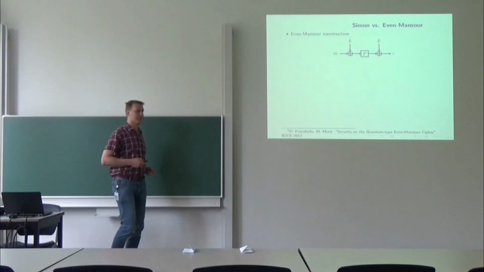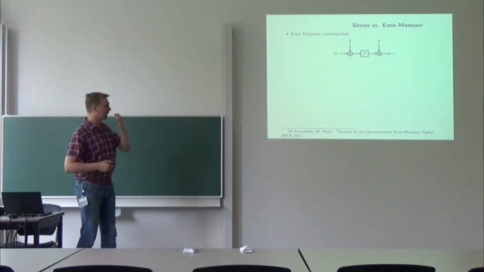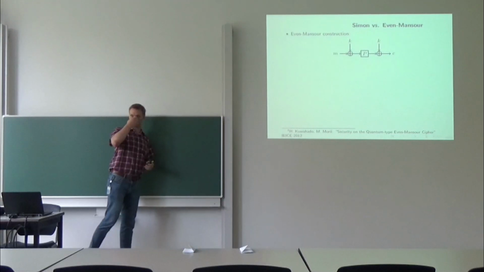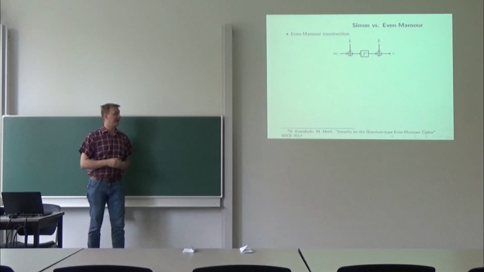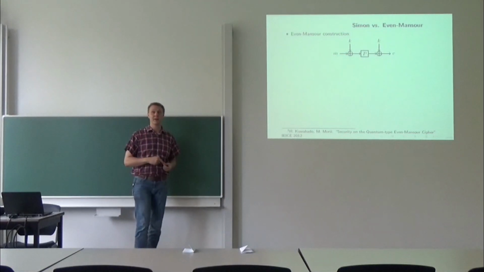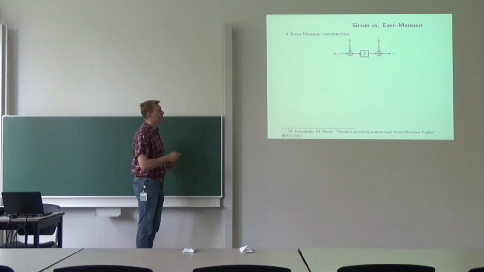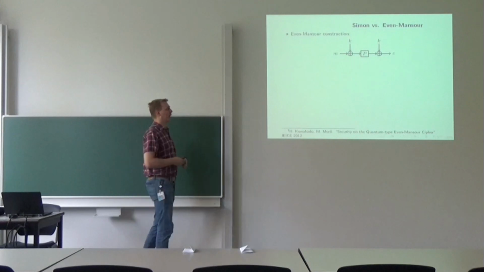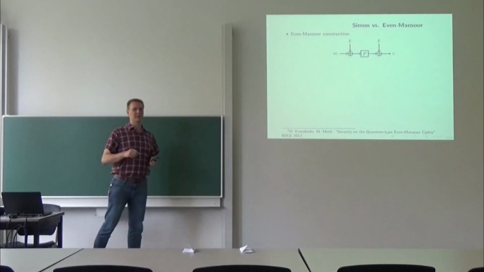That is different now, by the way. As demonstrated by the Even-Mansour construction, in which case we have a publicly known permutation and we want to add some randomness before and after, or some key before and after to make it hidden, make the exact function hidden from the adversary.